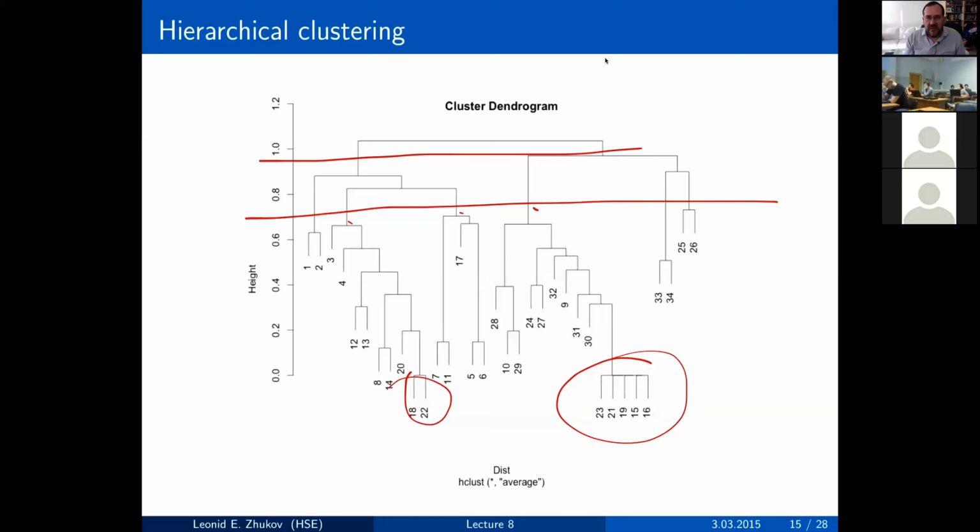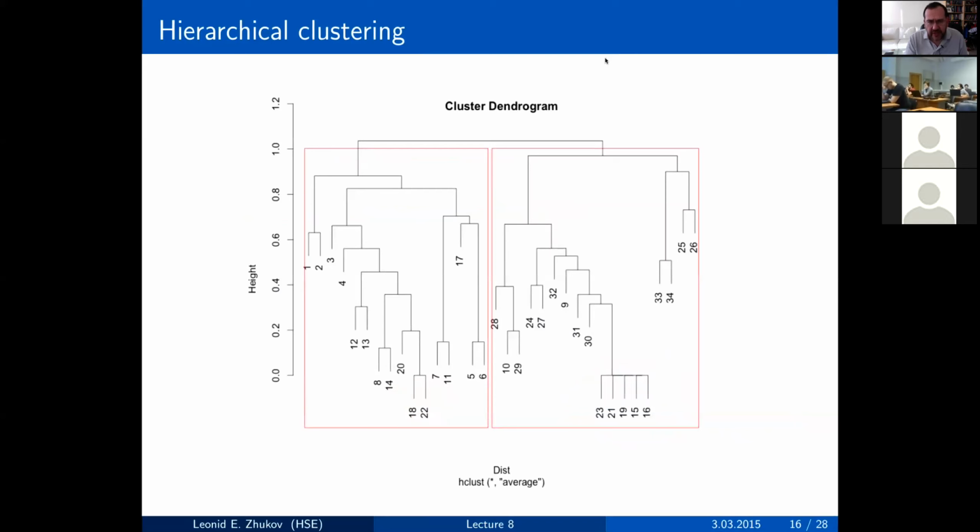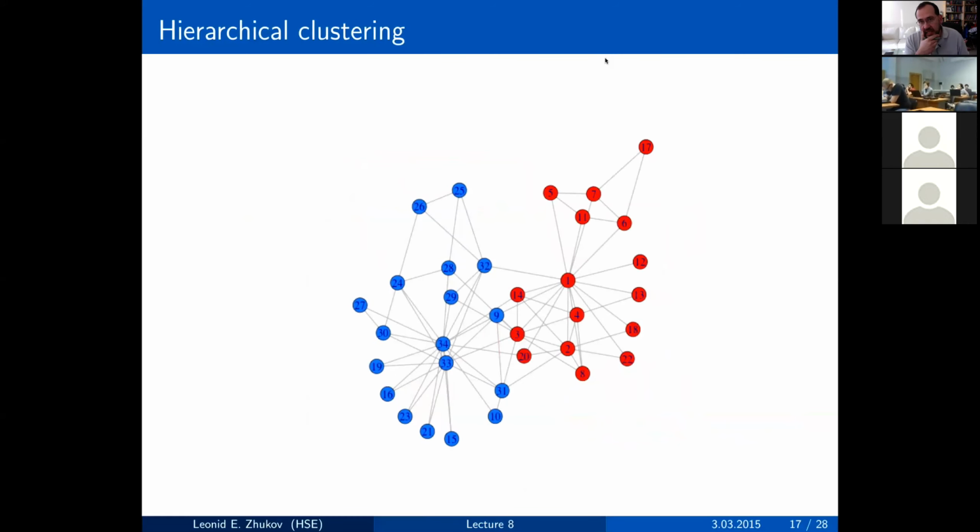Again, it's no different from traditional clustering. And here's a picture if we do a cut at this level, and that's what it gives us. In fact, this is a very good picture, because at the beginning, we looked at this graph and we thought, well, this might be a partition, and it just nailed it.